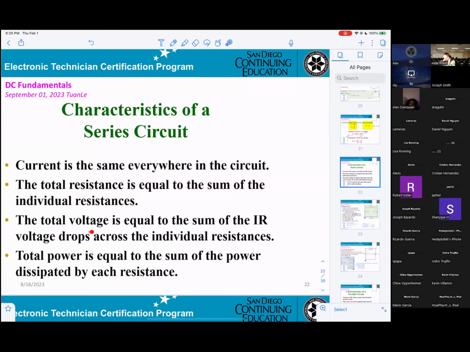The total voltage is equal to the sum of the IR voltage drops across the individual resistances. Total power is equal to the sum of the power dissipated by each resistance. That's just a summary.